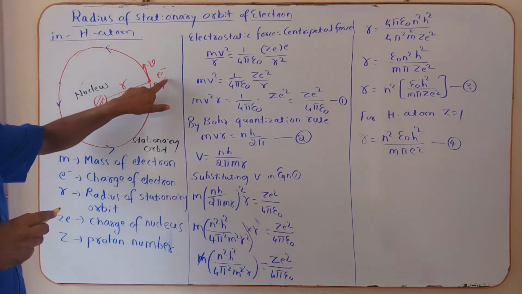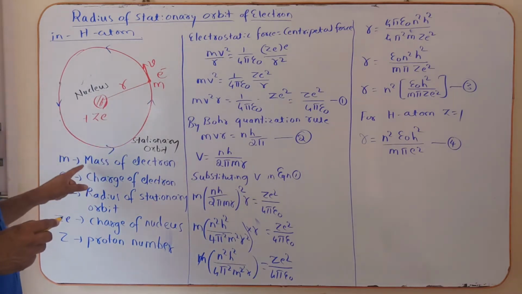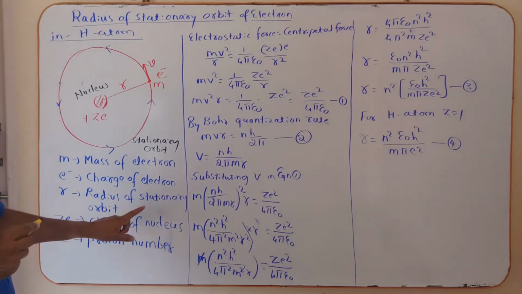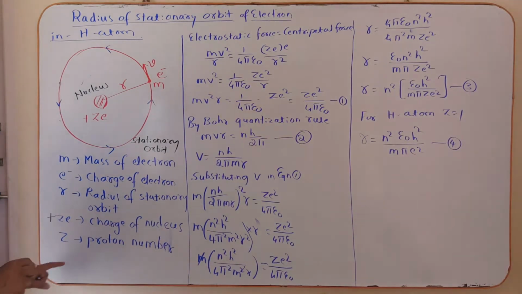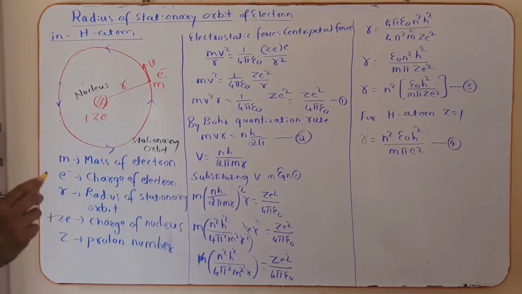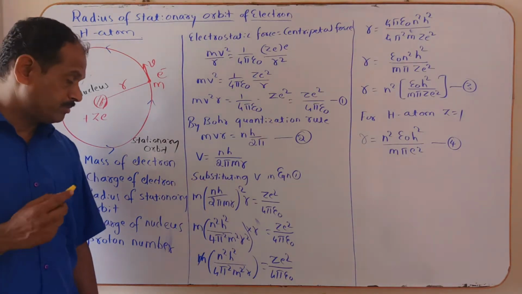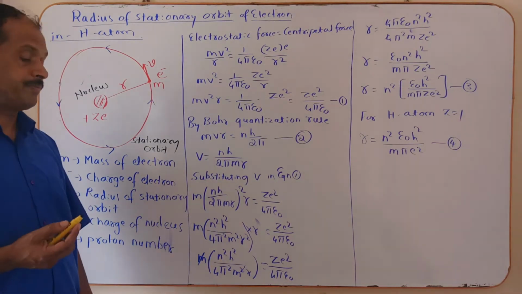Then the electron, E minus, of mass m, velocity v and radius r. Here m is the mass of the electron, and E minus is the charge of the electron. r is the radius of the stationary orbit. ZE is the charge of the nucleus, where Z is the proton number, or atomic number.